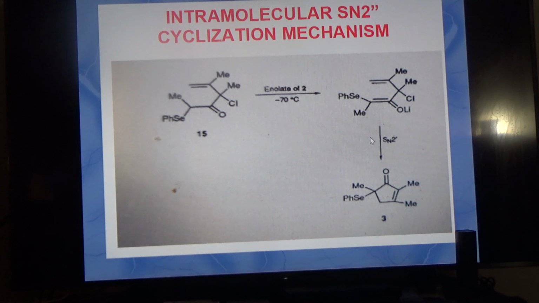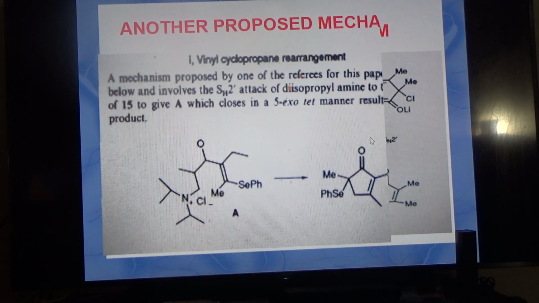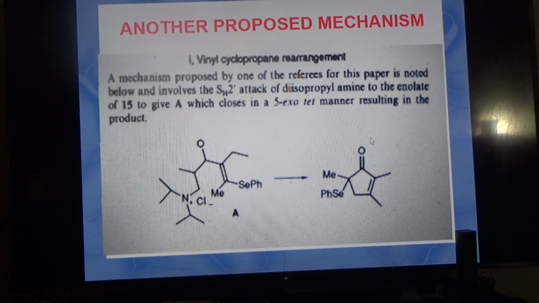That gives the product. Very easy to explain. However, there is one more. When I published this article in the Journal of the Chemical Society and the Journal of Organic Chemistry, one of the referees suggested a new mechanism, involving an SN2 prime attack of diisopropylamine.